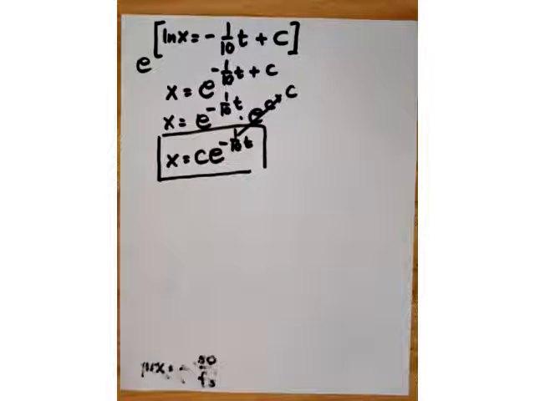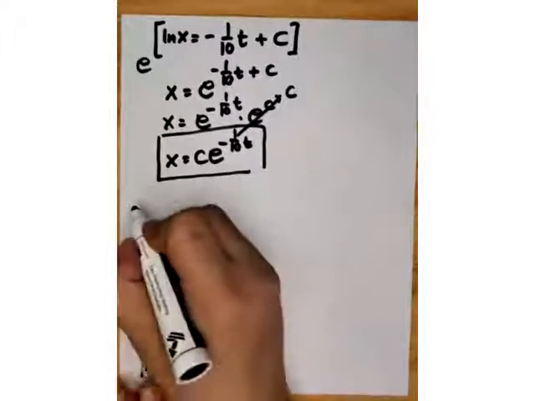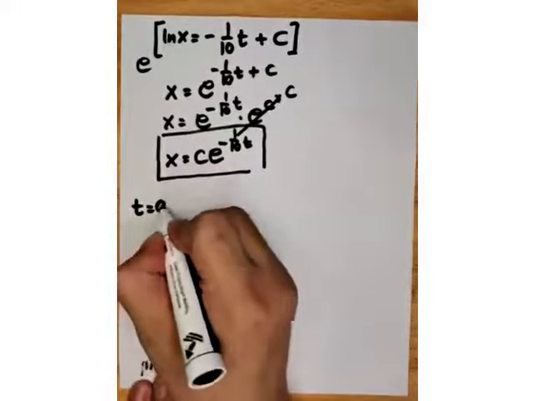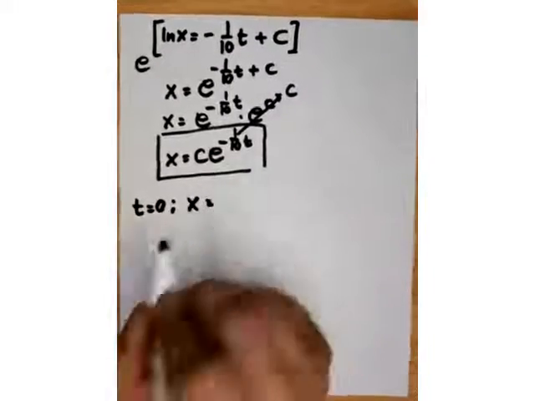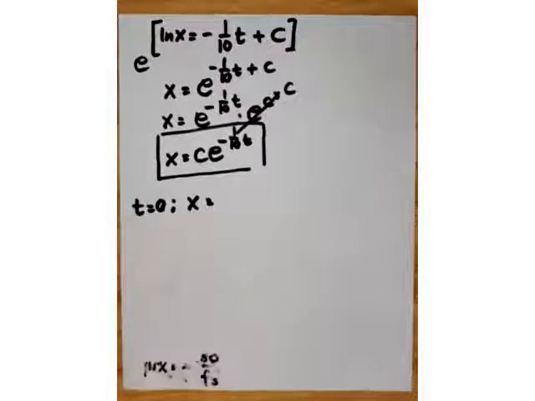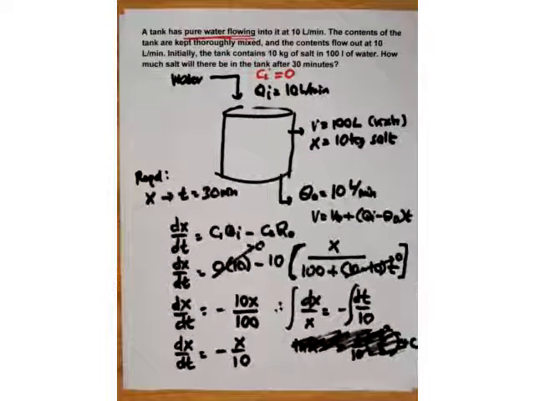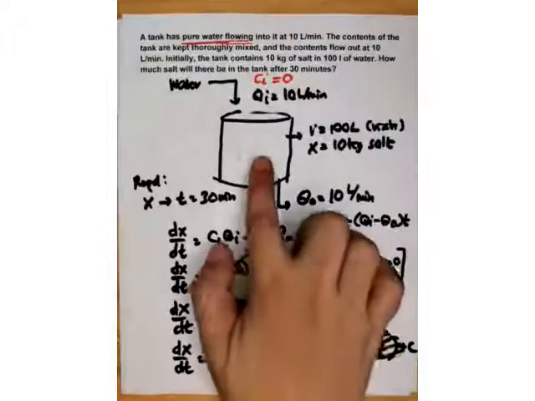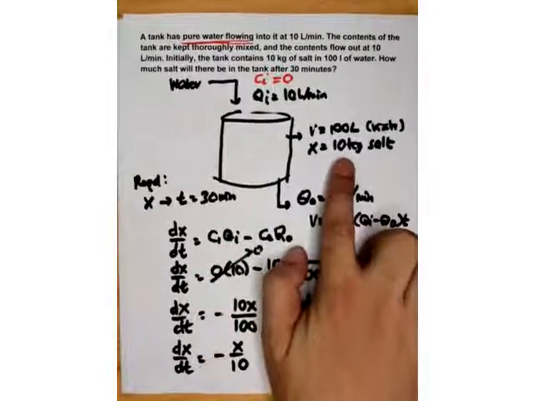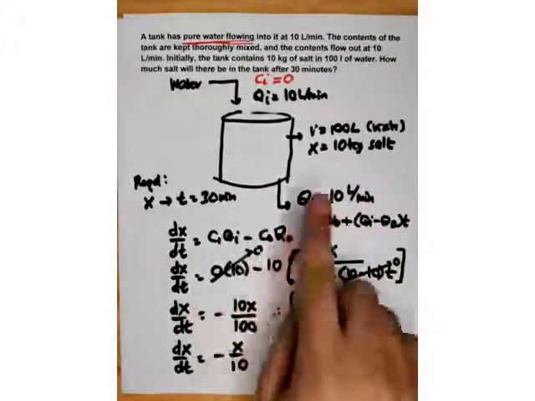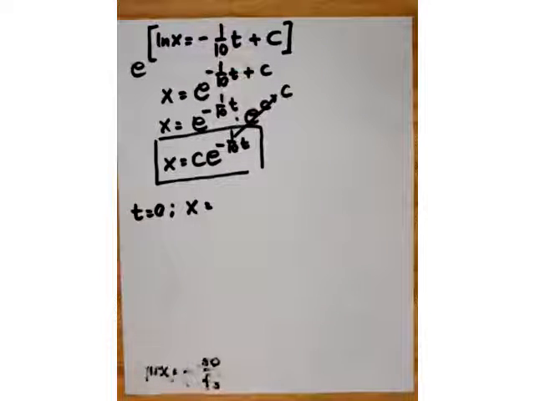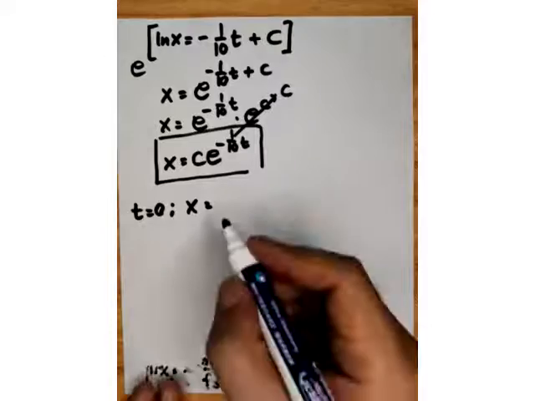Okay? So after we found our general solution, let's apply the first condition. When t is equal to 0, what's the value of x? So let's go back to the problem. At t is equal to 0, what is the amount of substance in the tank? So it is 10 kilograms. If it's pure water, 0, but dito is 10 kilograms.